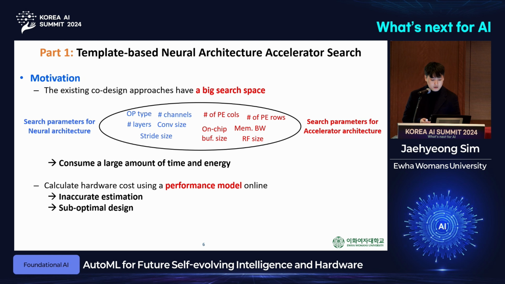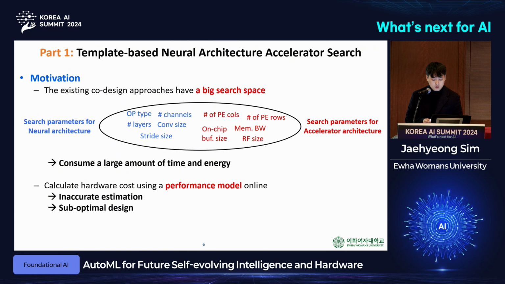So as the first part of our research achievement, we proposed something called template-based neural architecture and accelerator search. Basically, what we did is finding neural architecture and accelerator at the same time. But we found that the problem is that the existing co-design approaches have a huge search space.